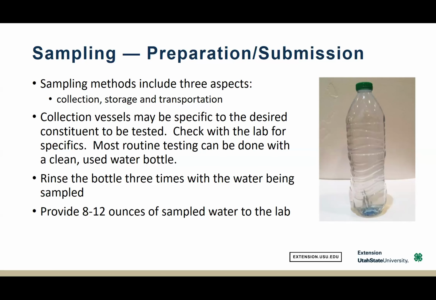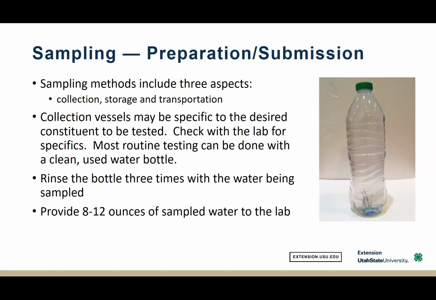And so you want to check with the lab if there's any specifics related to what you want to have tested. But for most routine testing, and for suitability testing almost without exclusion, you can accomplish that by using a clean, used water bottle, like you see pictured there to the right.